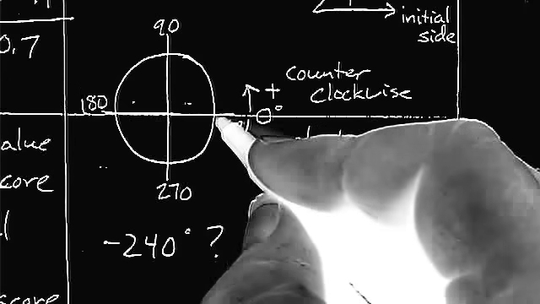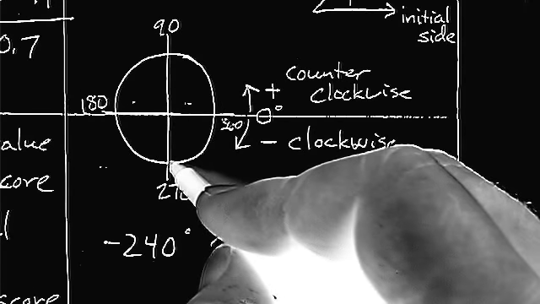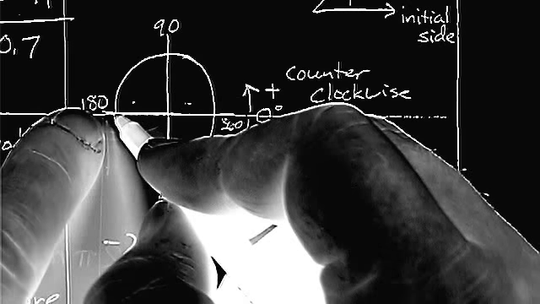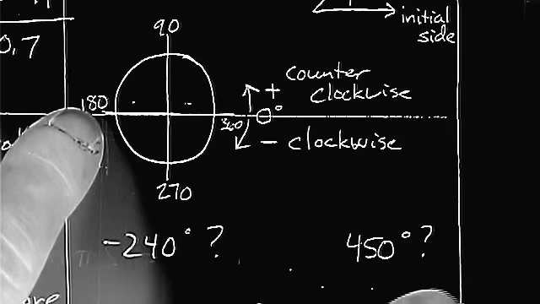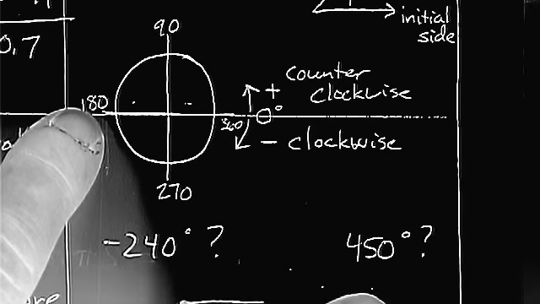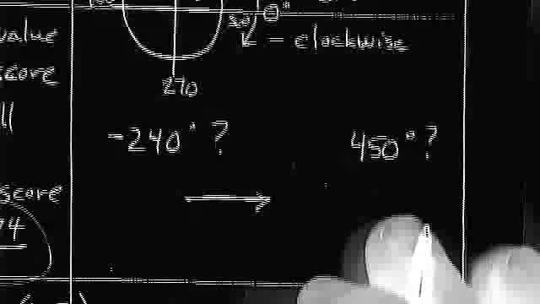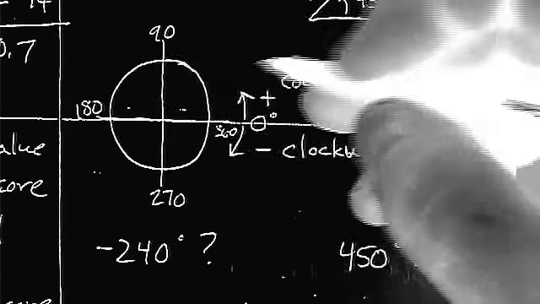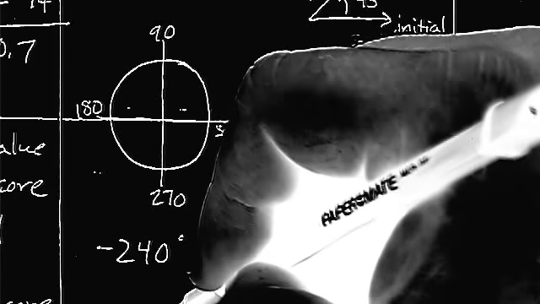So negative 240. This is negative 90, negative 180, and then after that would be another 60 degrees. So we start here with our initial, negative 90, negative 180, and then how much after that? Well, it's about 60 degrees, right? After that. So it's going to be up here somewhere.